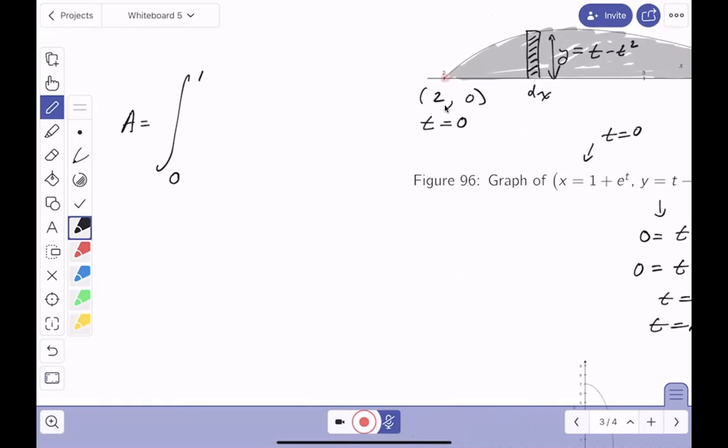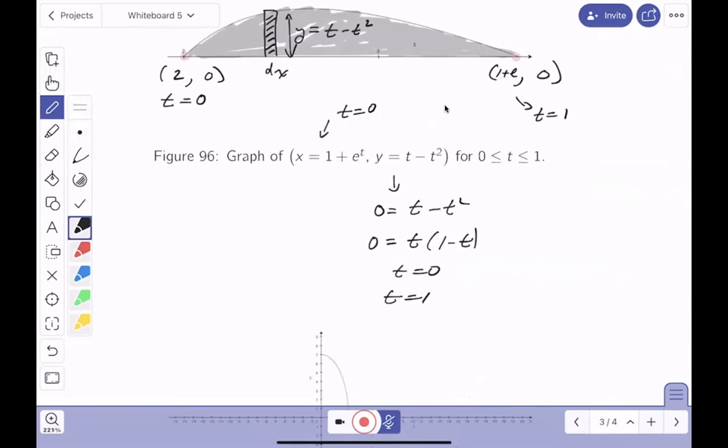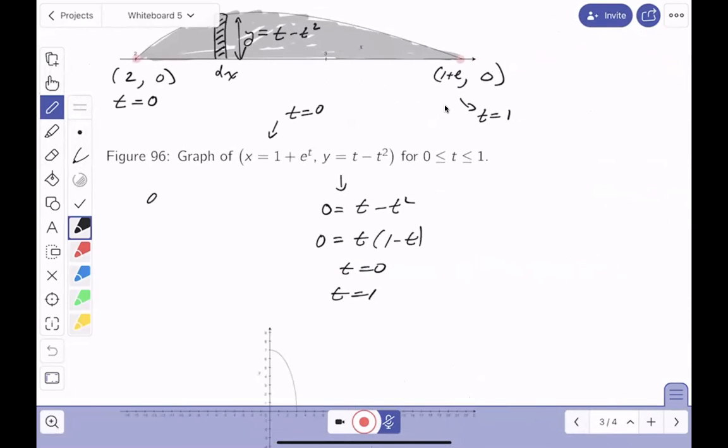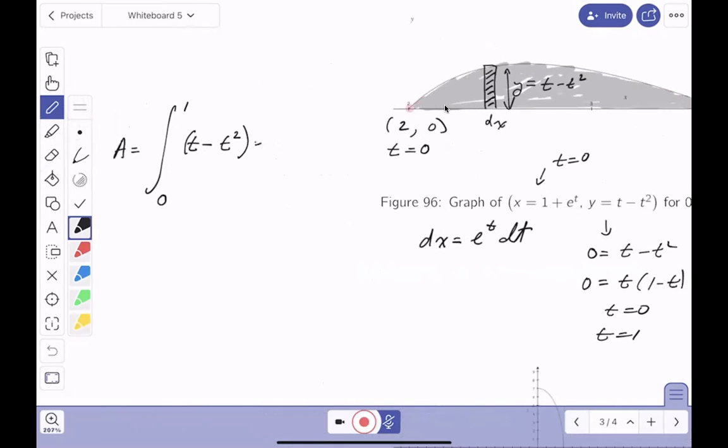The height of that is going to be t minus t squared, times the dx. What's the dx? The dx is equal to e to the t dt. Put that down: e to the t dt.